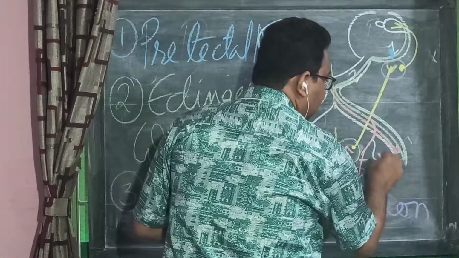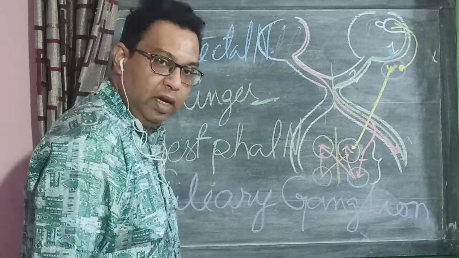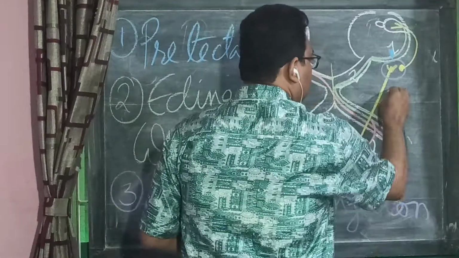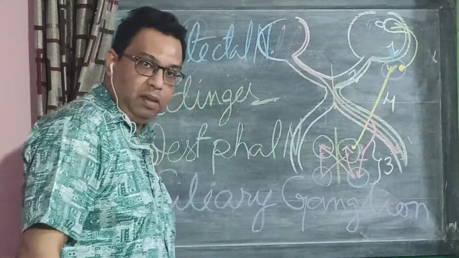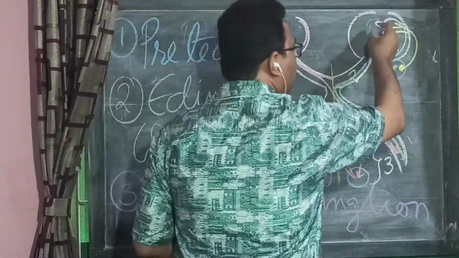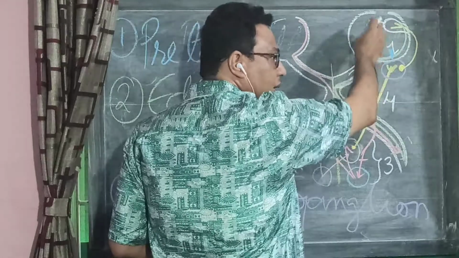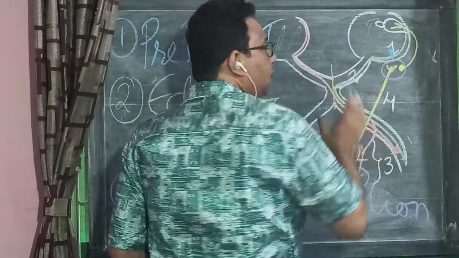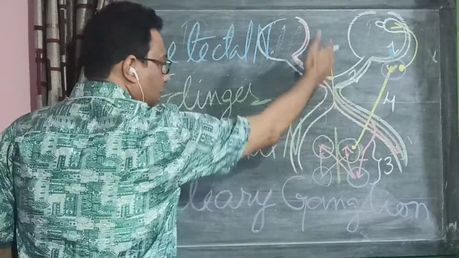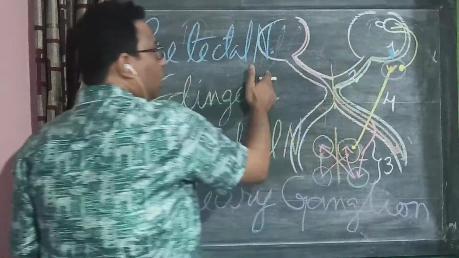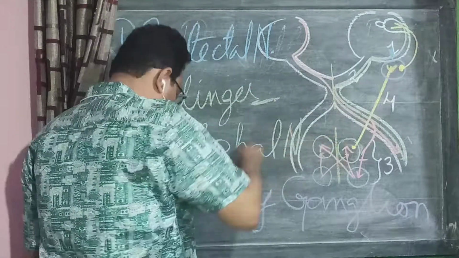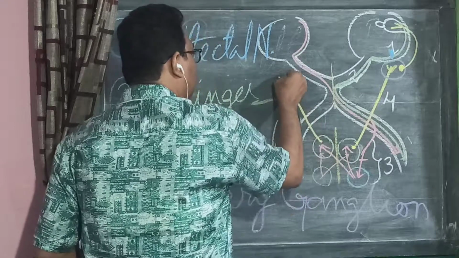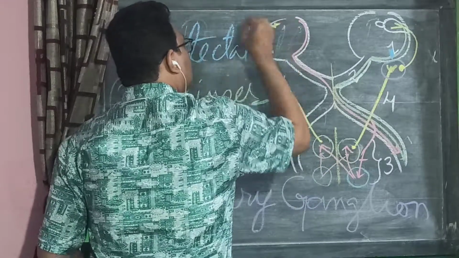These are the nuclei, the center for integration of the reflex, and this is the afferent path. So when you shine light on any one eye, there will be this pathway which will result in constriction of the pupil on the same eye and also on the contralateral eye, because the same pathway is being followed on this side too.